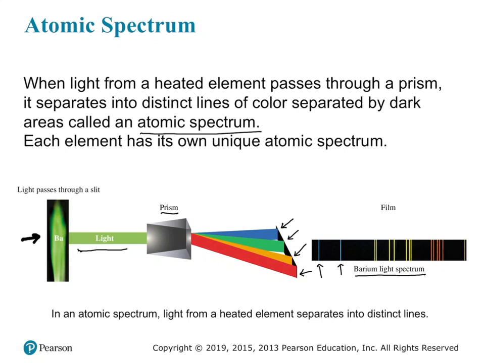Now, each element has its own unique atomic spectrum. So, for instance, helium has sort of a pinkish color to it when you heat it up. And if we were able to separate the different components of light making up that pink color, we would see a totally different atomic spectrum from barium's atomic spectrum.